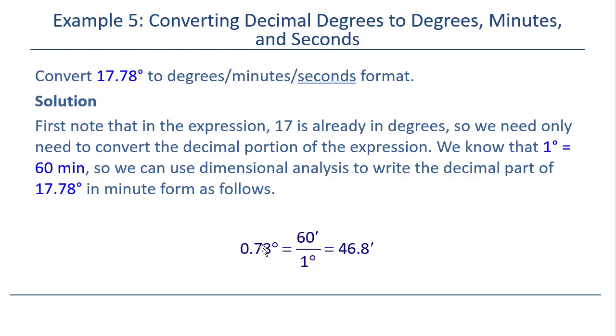Because if you do 0.78 degrees times 60 minutes divided by degrees, the degrees cancel out. This is called a unit of measure conversion because we're converting our unit of measure from degrees to minutes. And then when we multiply this, our answer is in minutes. And we go, oh, we have another decimal. So we have 46 minutes, and then we've got to figure out what 0.8 of a minute is in seconds.